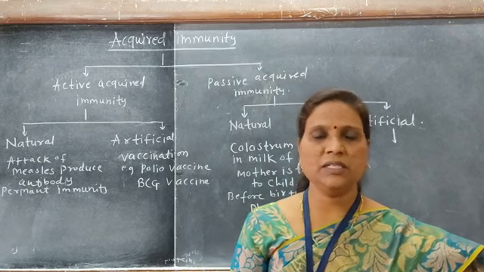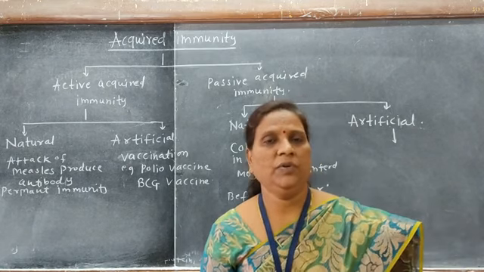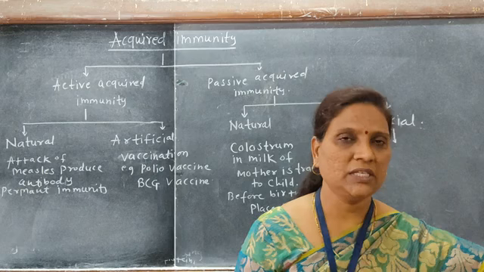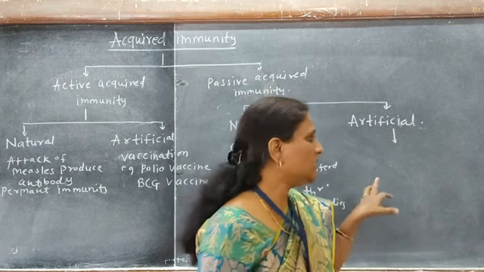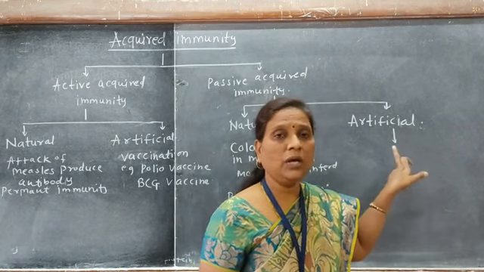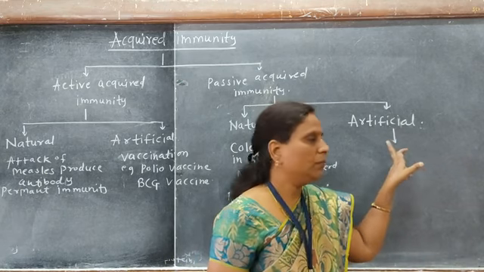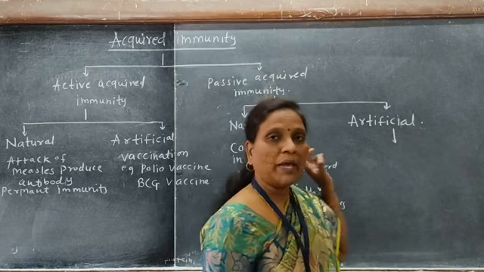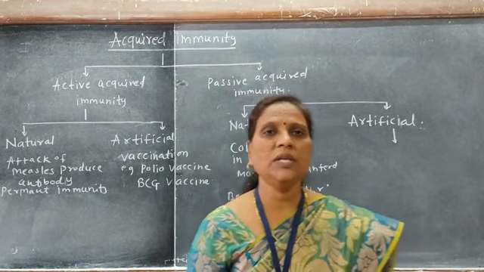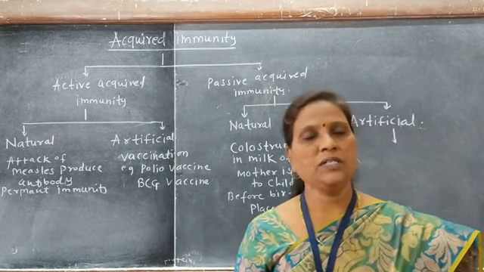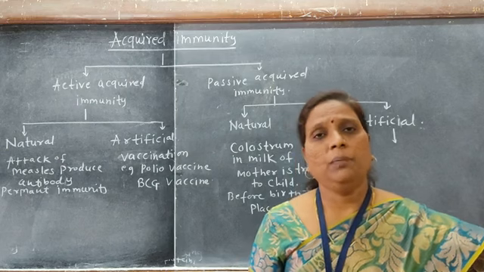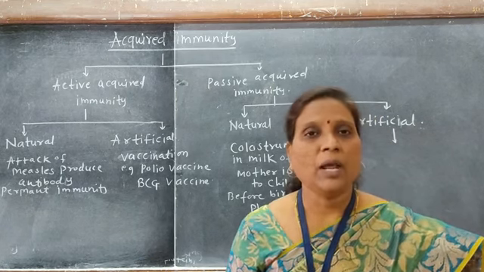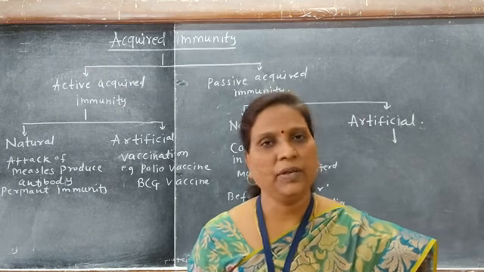To fight against this rabies, the anti-serum is prepared in the hyper-immunized horses, and this anti-serum is introduced into the organism, and which produces the artificially passive immunity. So a hyper-immunized animal like the horse is used to prepare the anti-serum for the rabies infection.